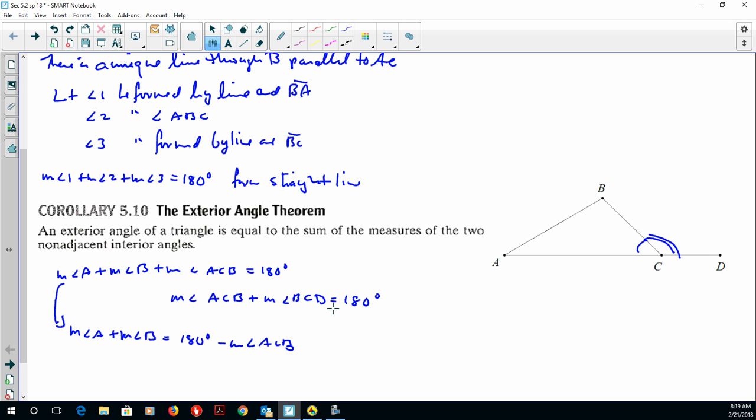We have that 180 minus ACB is the measure of angle BCD. So there's that. If these three add up to 180 and these two add up to 180, then these two are the same as the exterior angle. Pretty straightforward. Let's do an example.